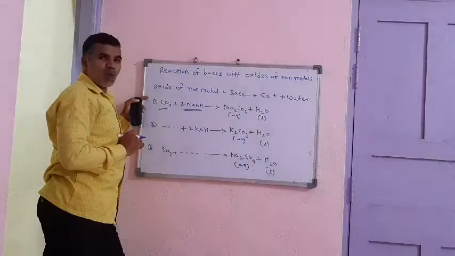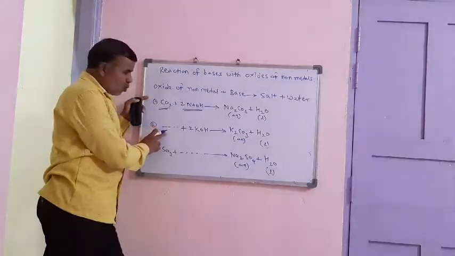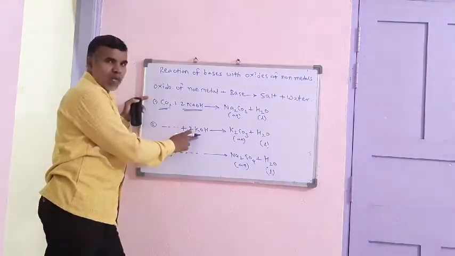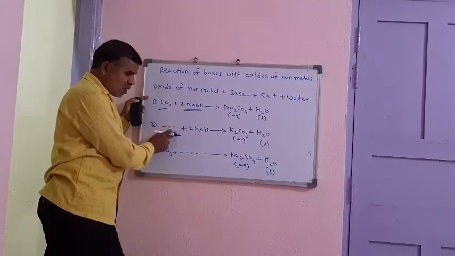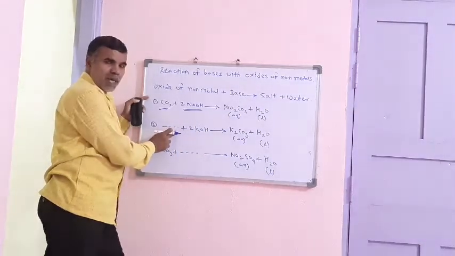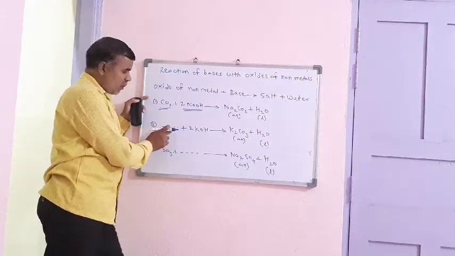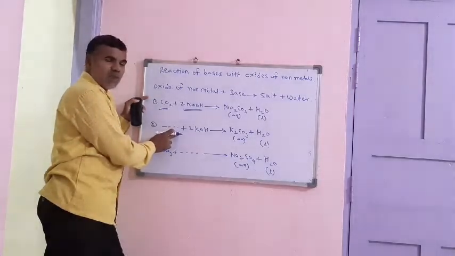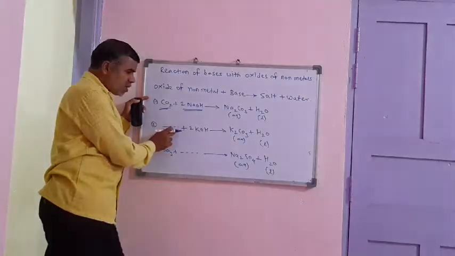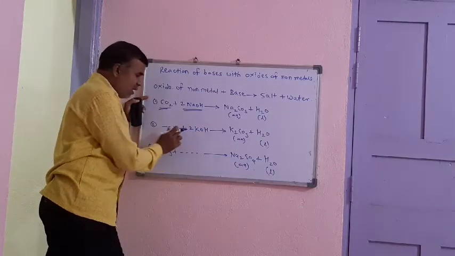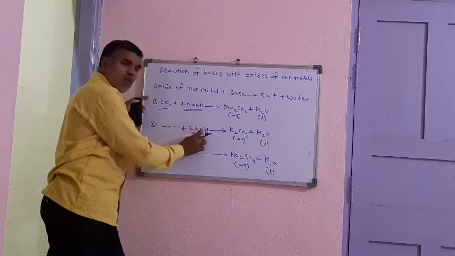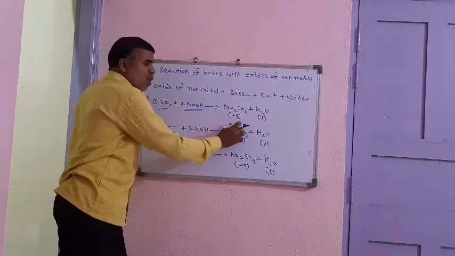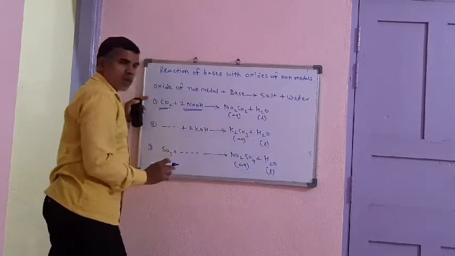Second reaction we have to complete. We are given KOH, which means potassium hydroxide. Potassium hydroxide reacted with a substance in the blank to form potassium carbonate and water.